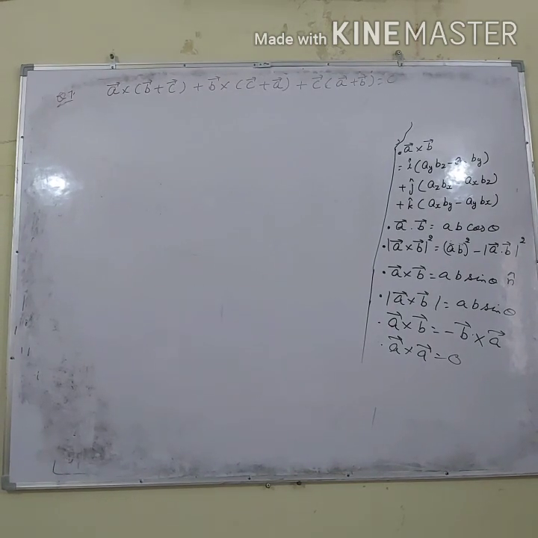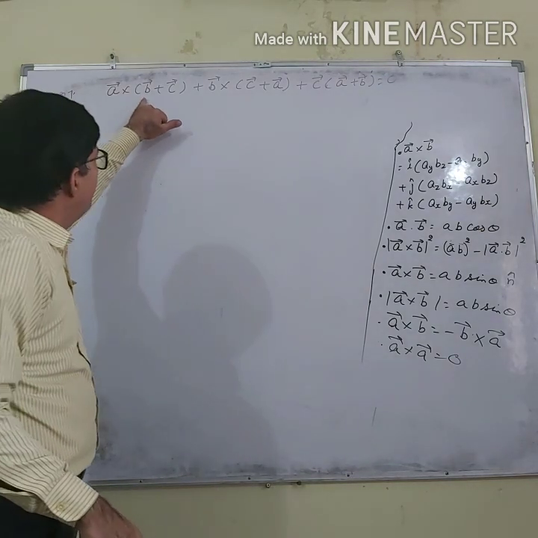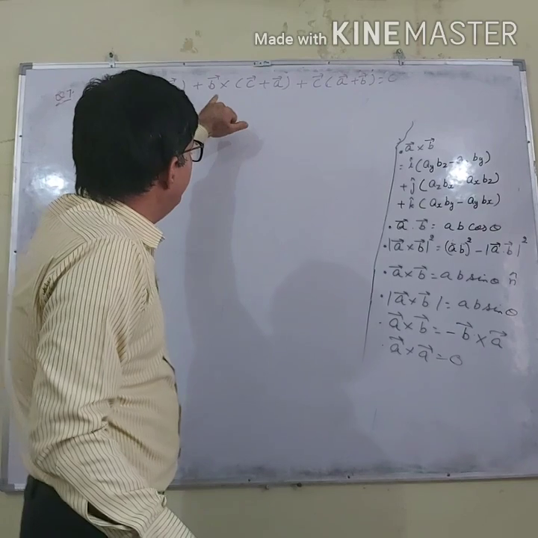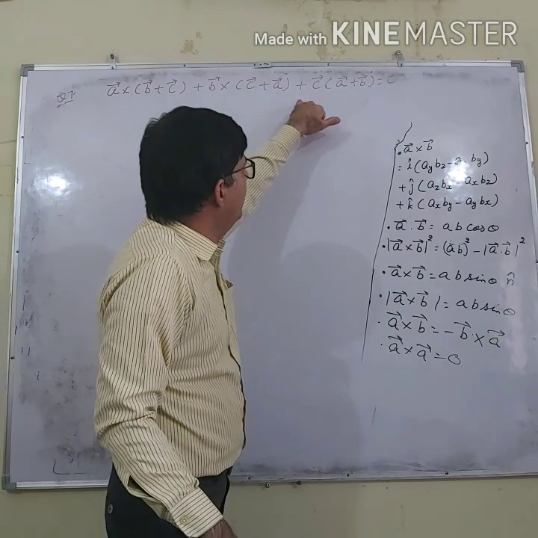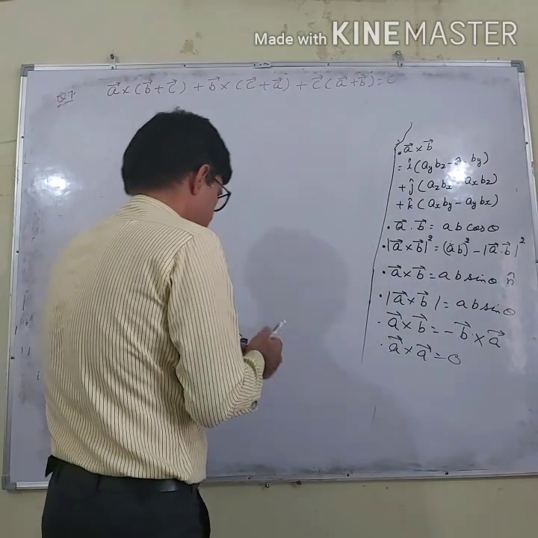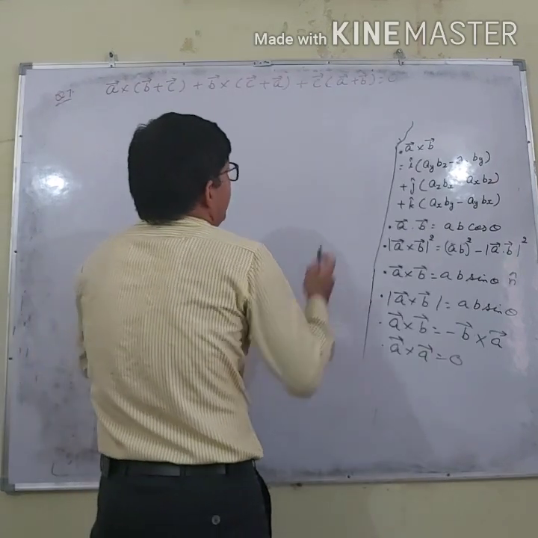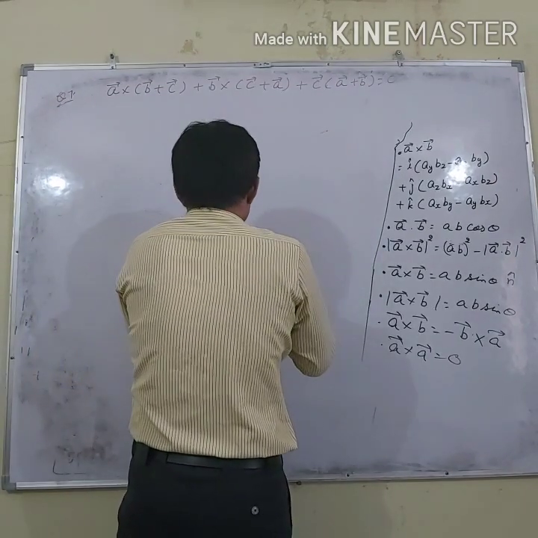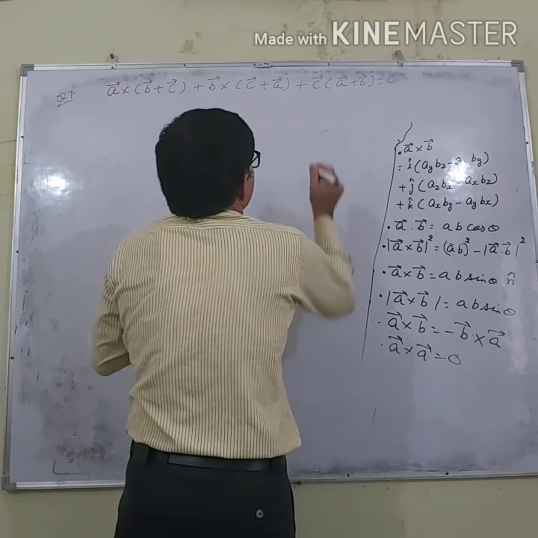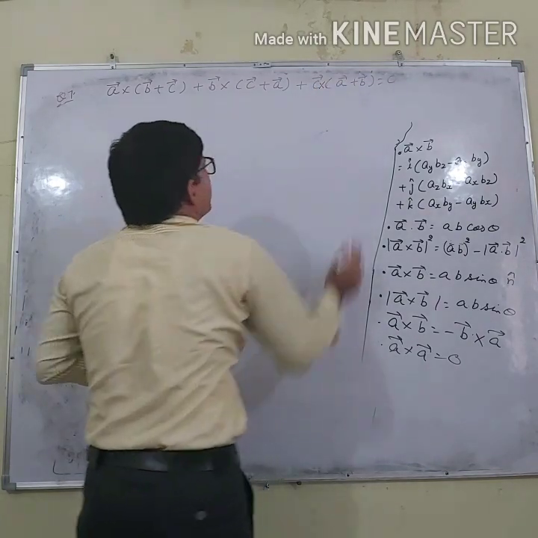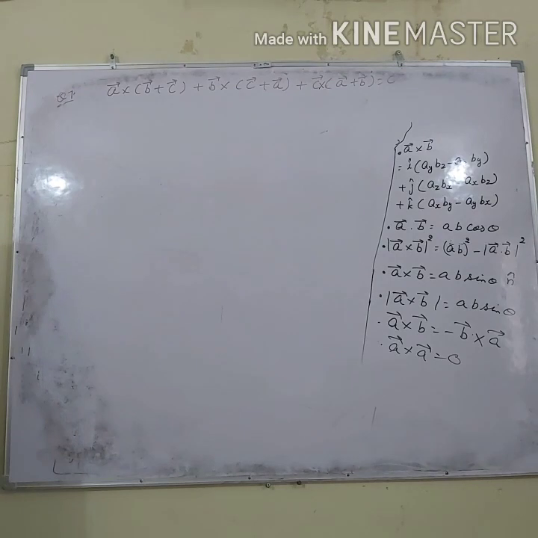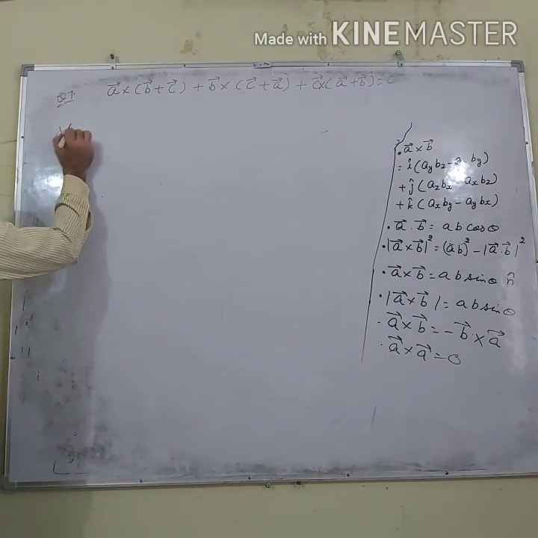Question number 7 is on the screen. Prove that A cross (B plus C) plus B cross (C plus A) plus C cross (A plus B) equals 0. So again, when we are given a question like this, remove the brackets first.